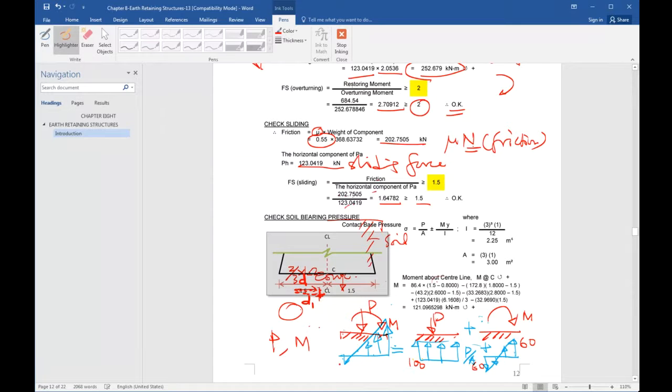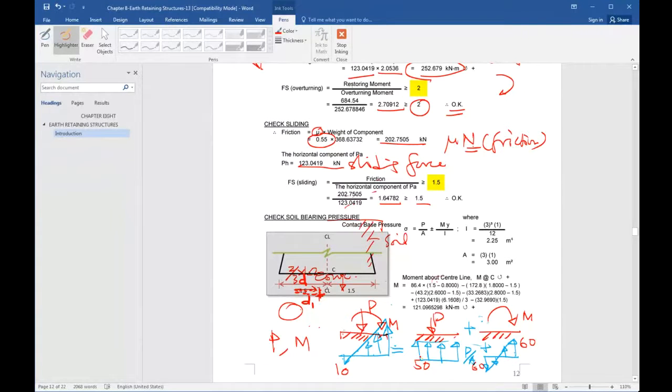So eventually, if that is 50, this one will give you 10, right? 60 downwards, 50 upward, it gives you 10.